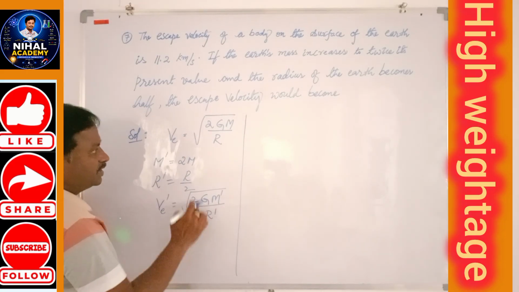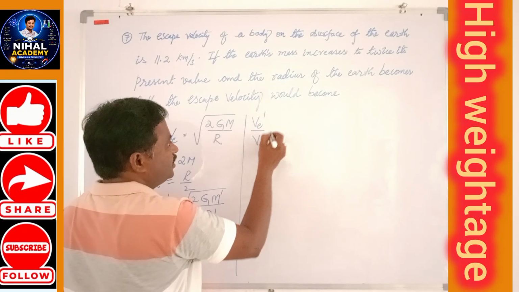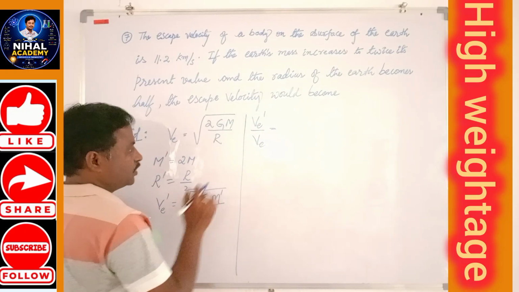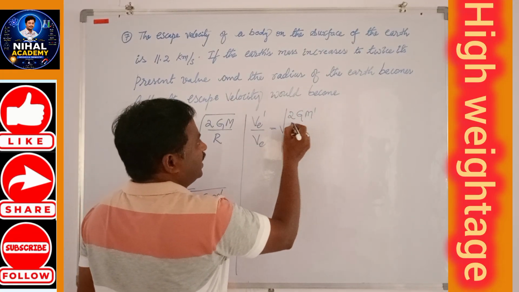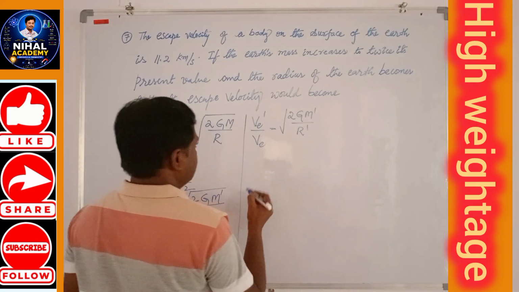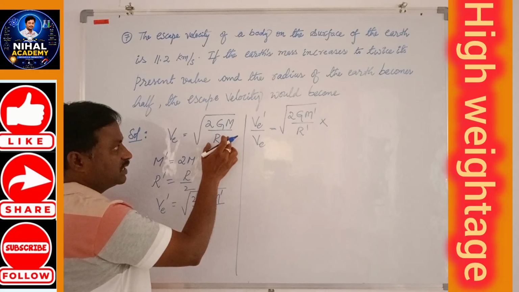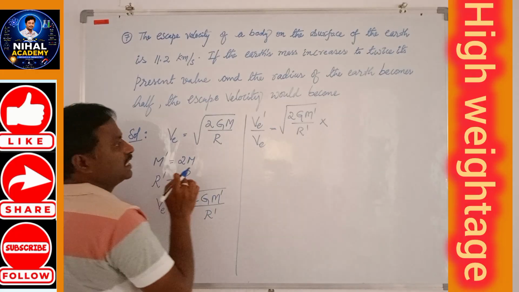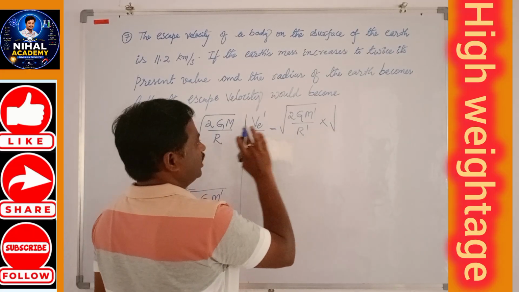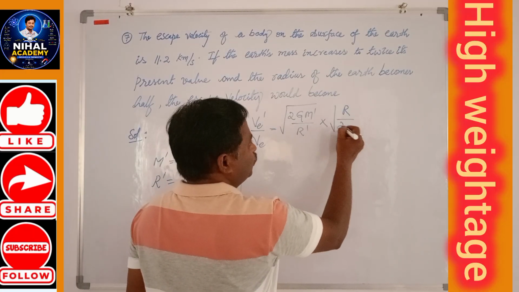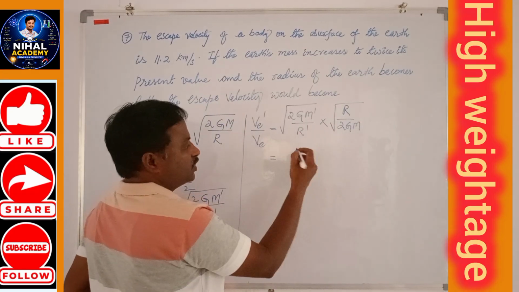So from these two we can write V_e dash by V_e is equal to, V_e dash means square root of 2 G M dash by r dash, divided by, we can take it as a reciprocal. So the reciprocal of this V_e is equal to square root of r by 2GM. So root m into root n is equal to root mn.